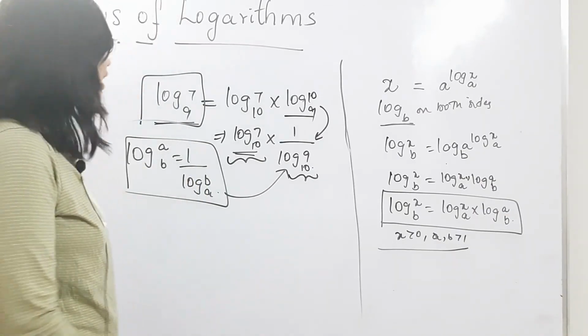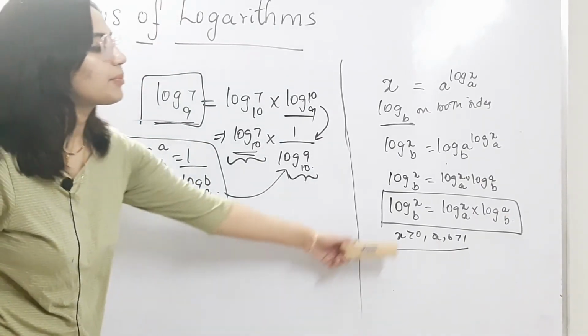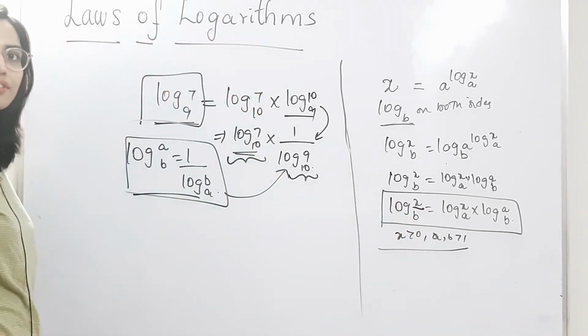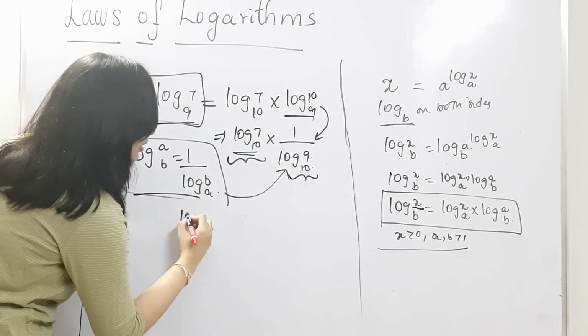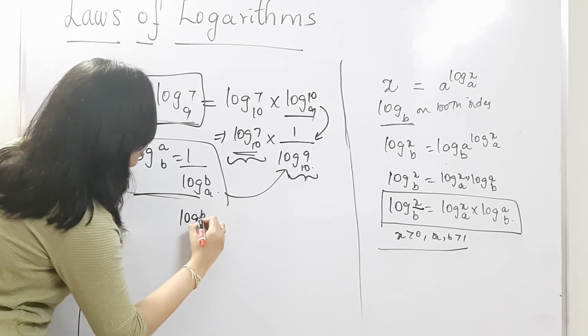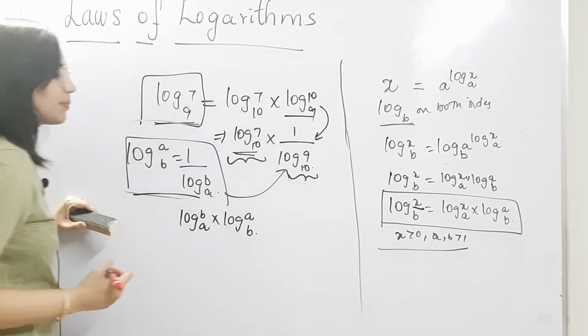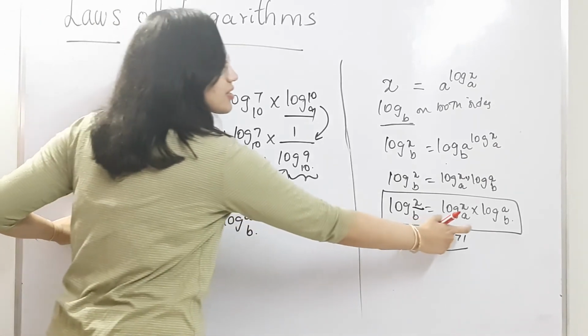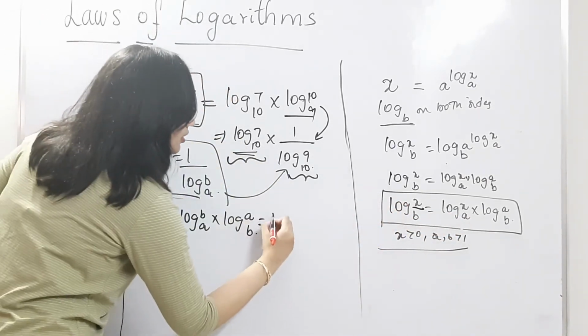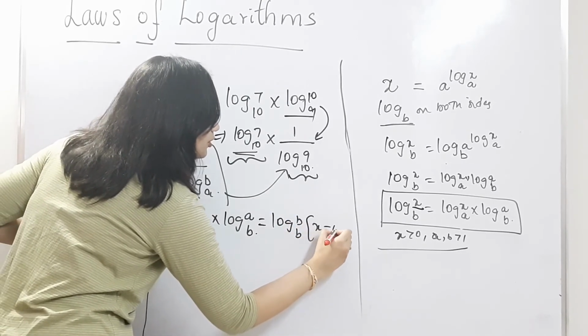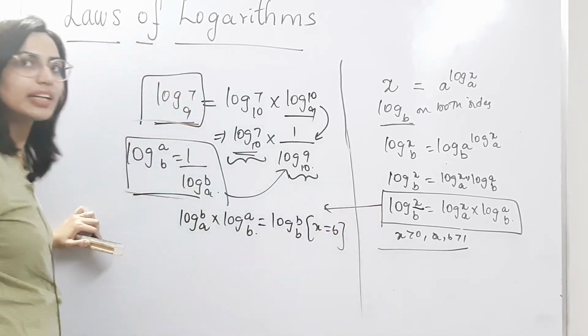You may ask me, how did we get this rule? From this concept only. Let's try to take x as b here. Let's see what will happen. Log b to the base a into log a to the base b. From this, what is the value of this? We get log b to the base b when you assume x is equal to b. Right.